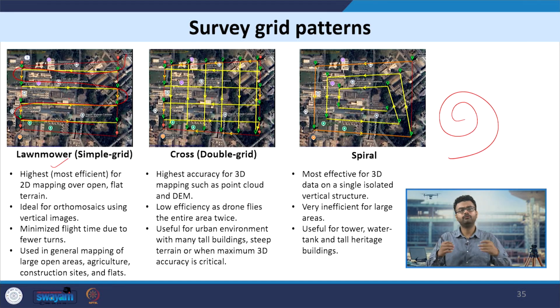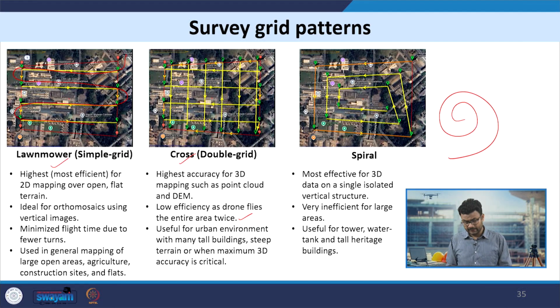However, if we want to map 3D objects, for example tall buildings, or an area which has steep terrain and where very high 3D accuracy is required, in that case we go for a cross survey grid. So it has highest accuracy for 3D mapping, but at the same time it has low efficiency because the drone flies the entire area twice.